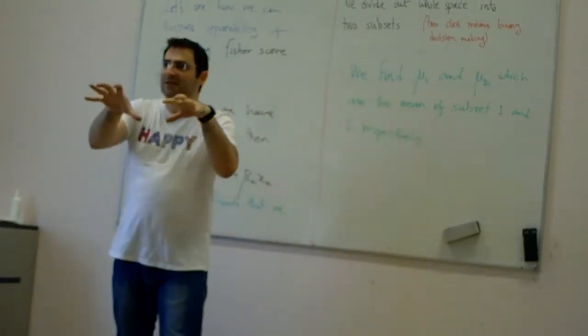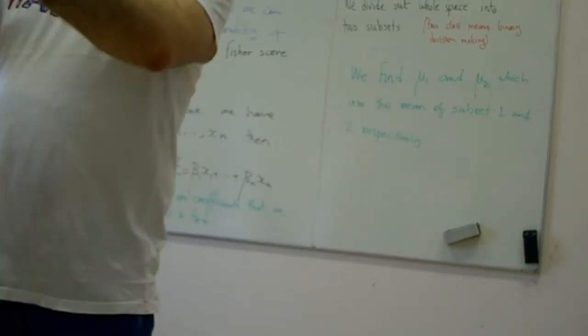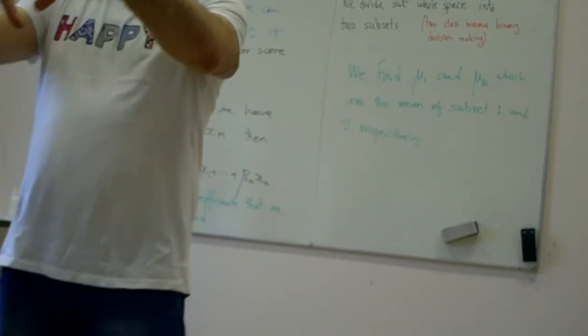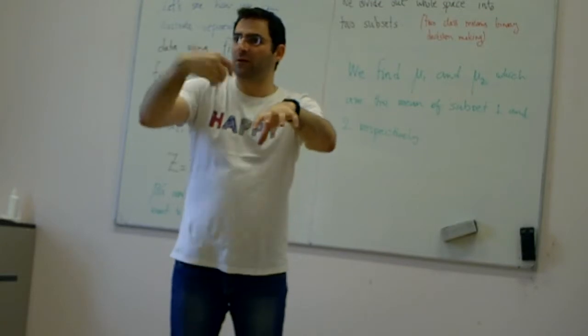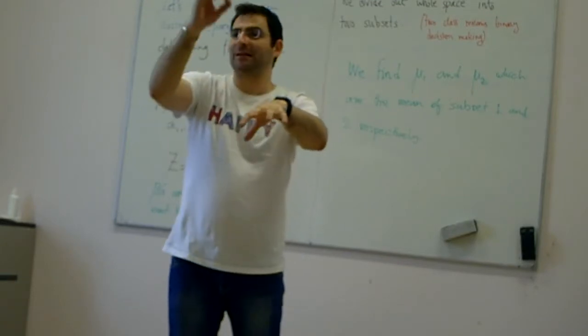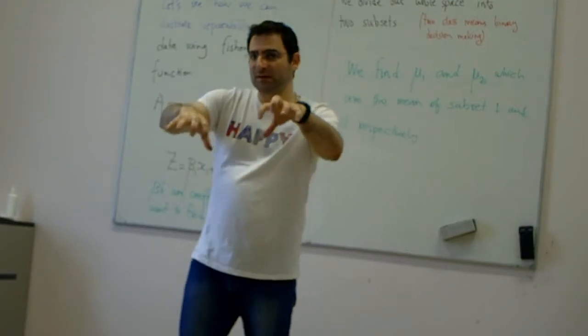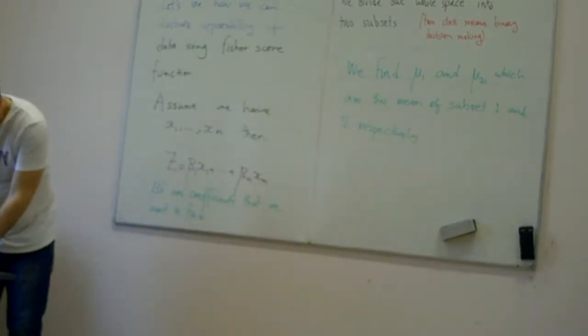We have these two subsets, and maybe they are very inside each other. The question is how I can find a way to say, when you give me data, that this data belongs to this class or belongs to another class. So we want to see how I am doing this type of transformation.